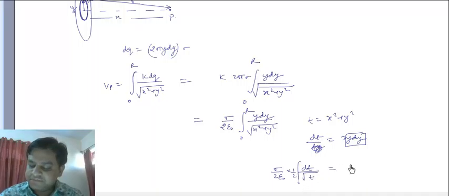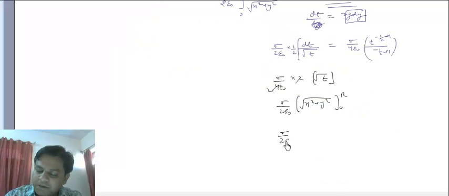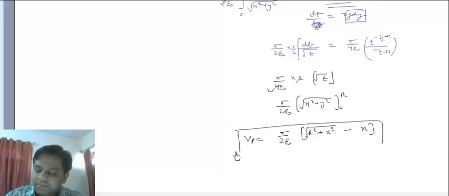I have to integrate this: sigma by 4 epsilon naught, t to the power minus half plus 1 upon minus half plus 1, which is sigma by 4 epsilon naught into 2 root t. So sigma by 2 epsilon naught root of x square plus y square, limit from 0 to r. Sigma by 2 epsilon naught into root of r square plus x square minus x. So this is the potential at this point P.